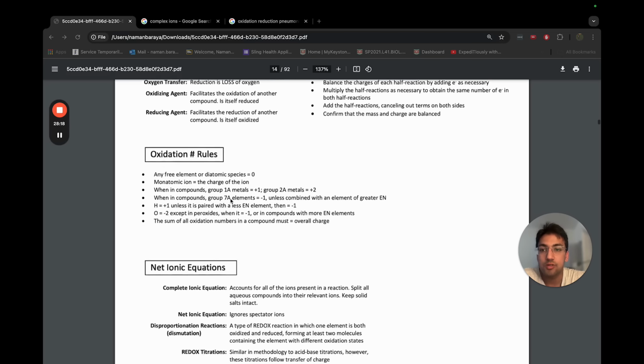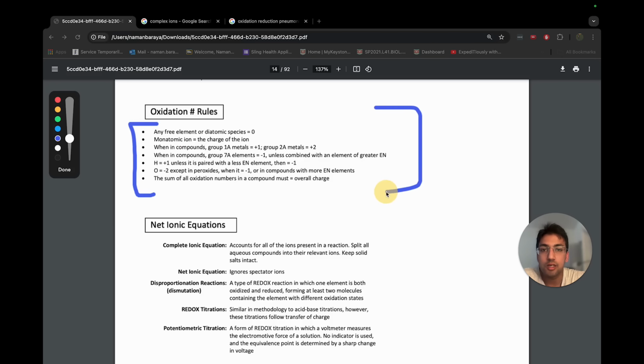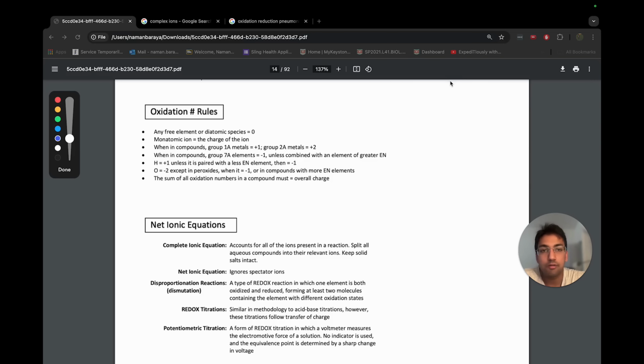Now we have oxidation rules, and oxidation rules is basically how do you determine the oxidation number of something in a compound. So if I have like H2PO4 minus, the oxidation rules will help you figure out what is the oxidation number for each of those.